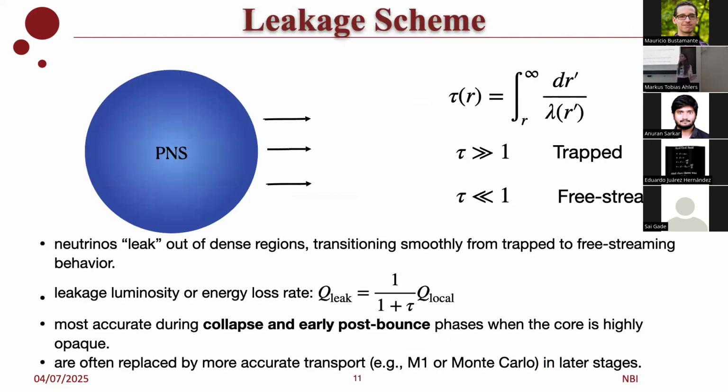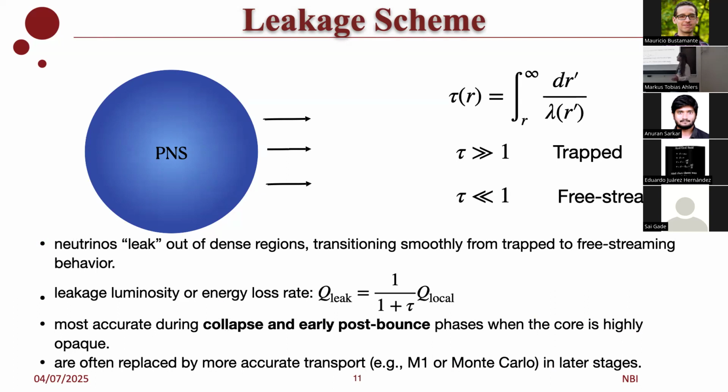Over the years, there have been a lot of approximate neutrino transport schemes developed. I will try to show you examples of a couple, and I will start from the lowest accuracy, but the cheapest neutrino transport scheme, which is called the leakage scheme.